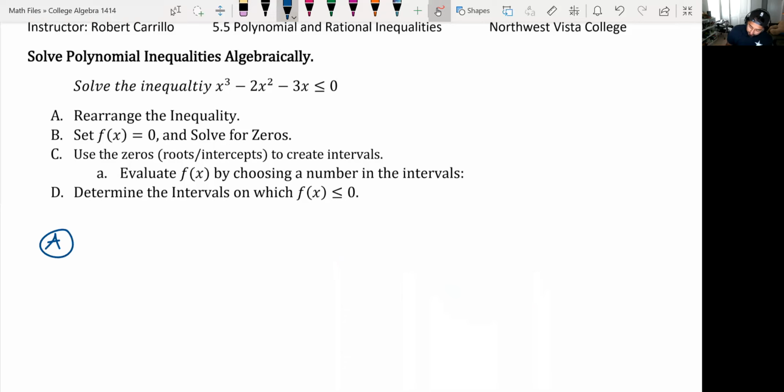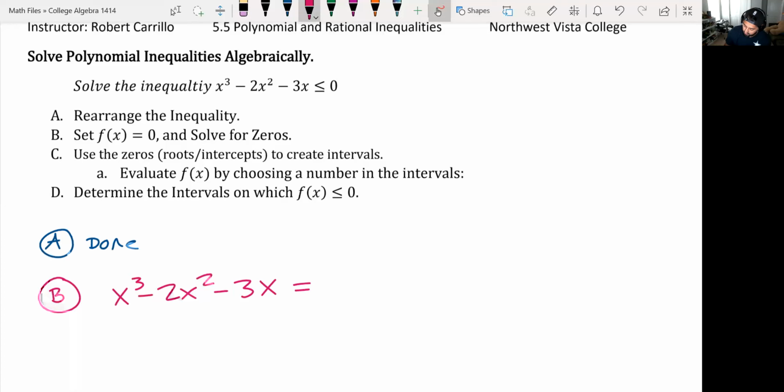So A, done. B: take the function, set it equal to 0, and solve for x. Take an x out, and you get x squared minus 2x minus 3 equal to 0.